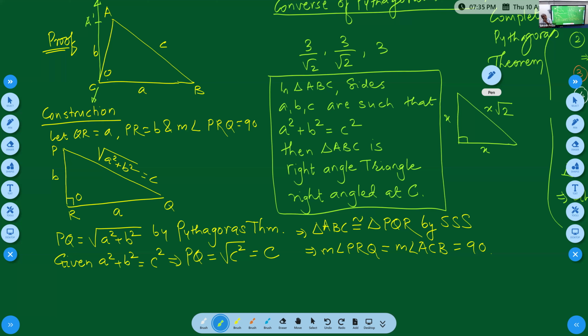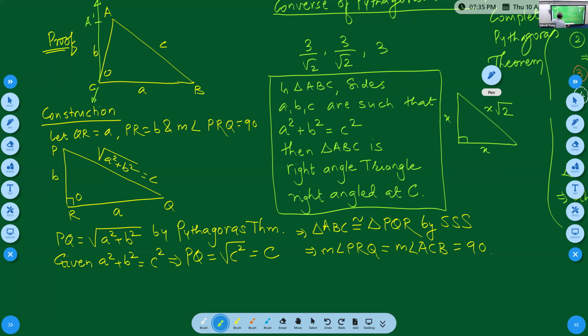If it is obtuse, then I get A square plus B square less than C square, so the given condition. Correct. But you will have to support the statement that if it is acute, it is greater, and if it is obtuse, it is smaller. Yes, correct. Somebody was saying something online.